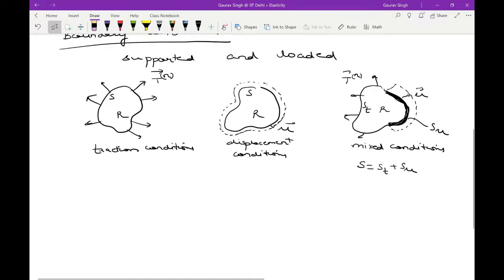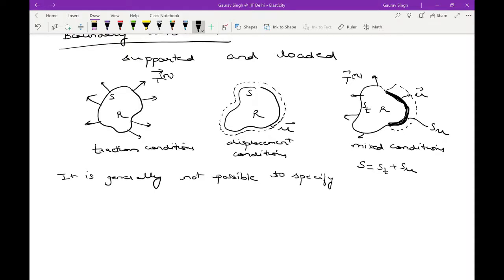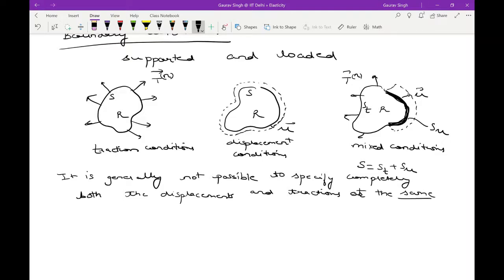Now, one of the important things which we should mention and perhaps demonstrate is a statement from our text: it is generally not possible to specify completely both displacements and tractions at the same boundary point.